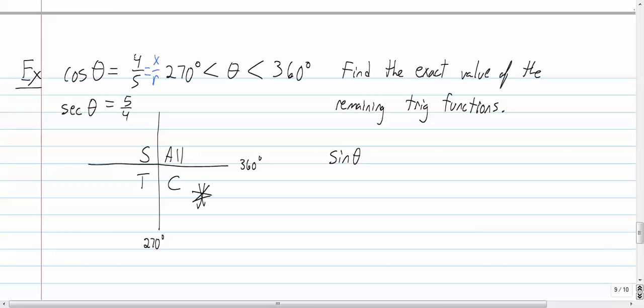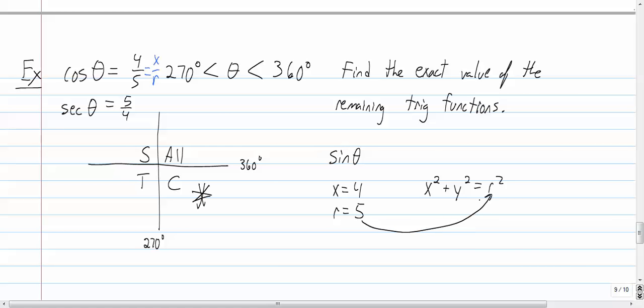So x equals 4. I'll write this down: x equals 4, r equals positive 5. Now we use the formula x squared plus y squared equals r squared to solve for y, because that's what we don't have.